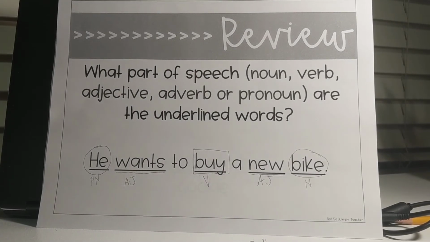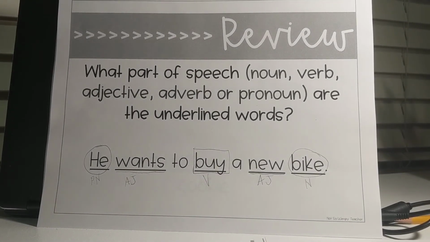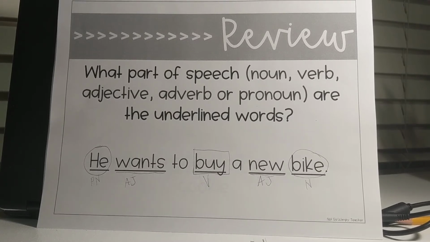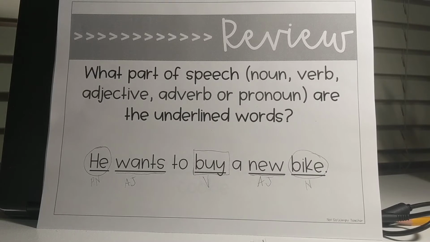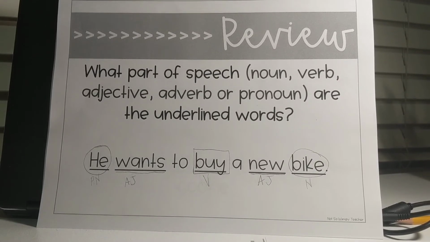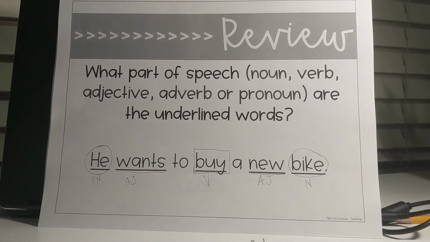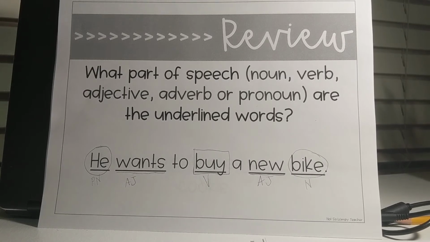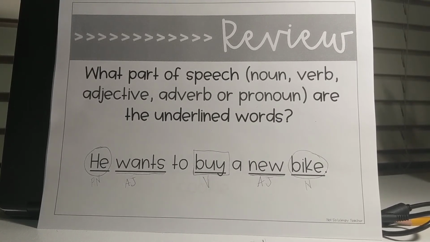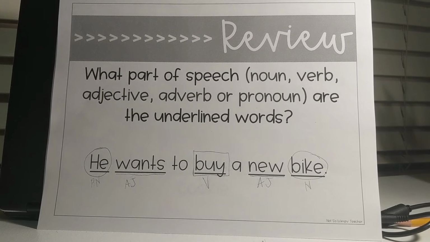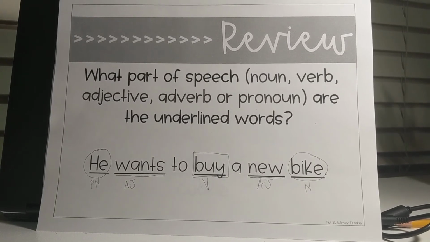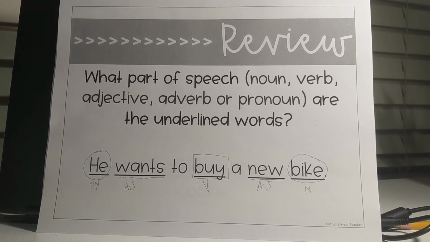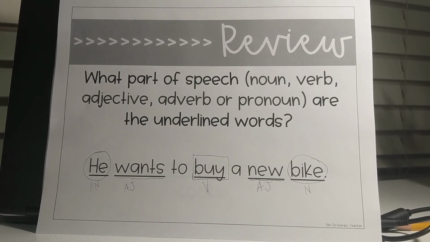Okay, our main points for today are discovering the parts of speech in sentences. So, on this page, we are looking at what part of speech, noun, verb, adjective, adverb, or pronoun, are the underlined words. So, this sentence says, he wants to buy a new bike. The first underlined word is he.